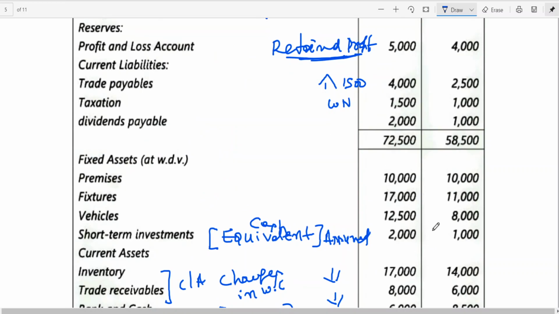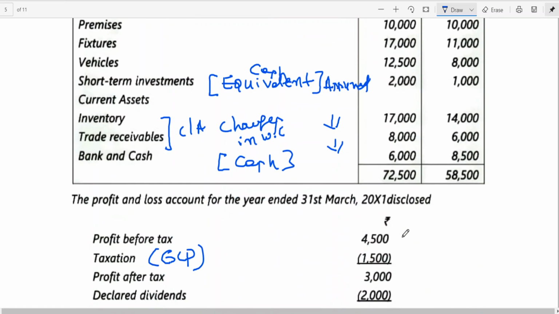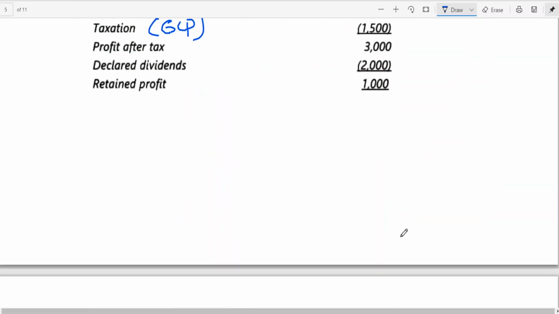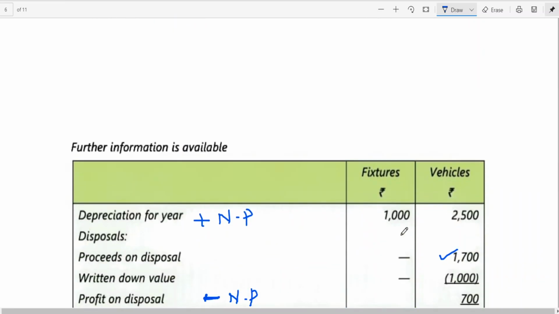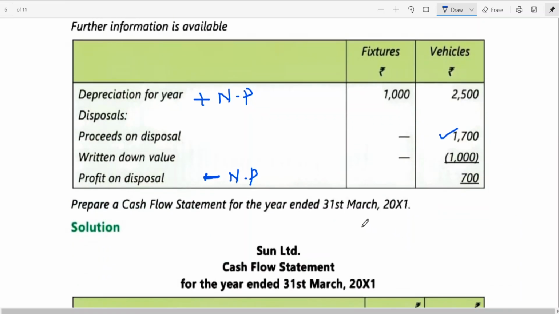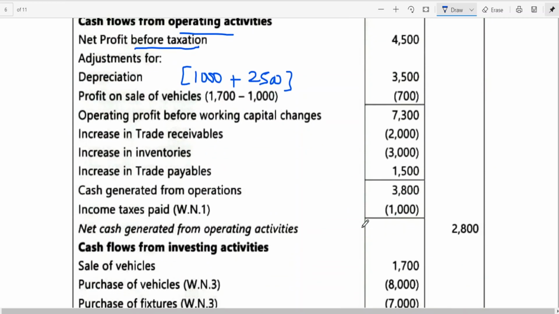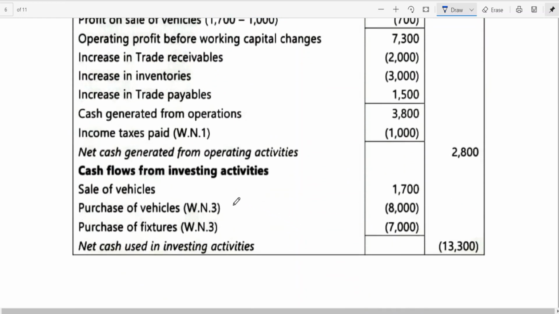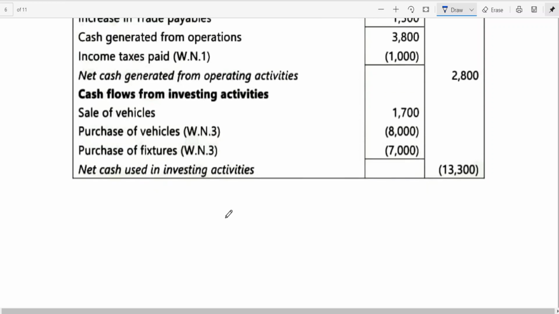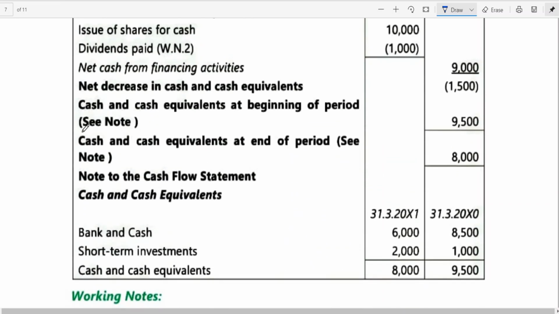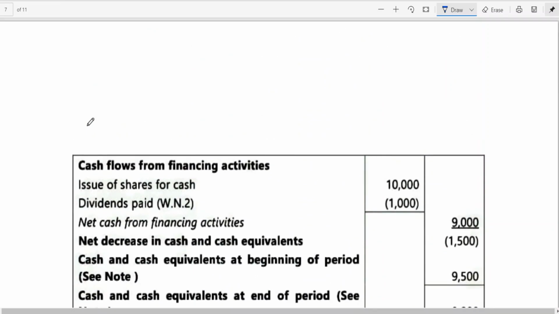Now we need to cross check sometimes whether there is any information about purchase of vehicle or not. But in the solution, if you see, he has given a hint. Actually they have done the problem, no? Yes, the solution gives a hint that there is a purchase of vehicle, and there is also a purchase of fixtures. So what I do here, I'll be going for working notes in the gap.